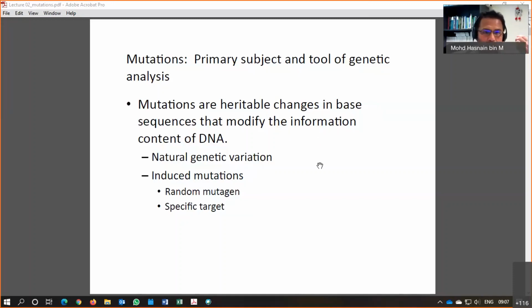When we change only a certain sequence on the DNA, it can usually be inherited and produce gametes and a new individual with the mutation. So the mutation that is important is a mutation that is heritable.